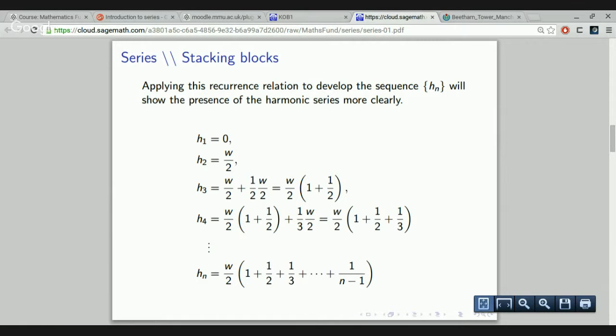H3 comes out as W over 2 times 1 plus a half. H4 comes out as W over 2 times 1 plus a half plus a third. Of course, you recognize that. That's the beginning of the harmonic series. In general, Hn is going to be W over 2 times the n-1th partial sum of the harmonic series.